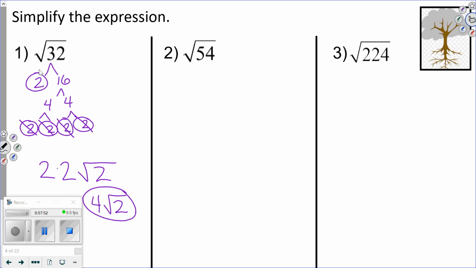All right, number 2. Radical 54, square root of 54. Is it perfect? No, it's not. I know it's not perfect, so if you type it in your calculator, you get a decimal. So what do you multiply to get 54? 6 and 9. Neither of those are prime, so I'm going to keep going. 6 is 2 times 3. 9 is 3 times 3.